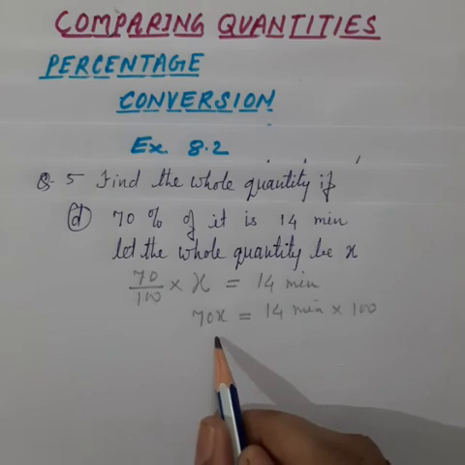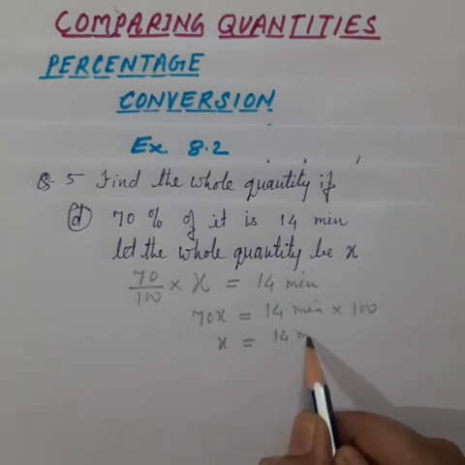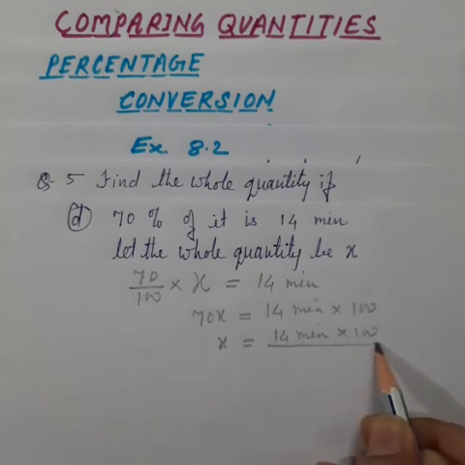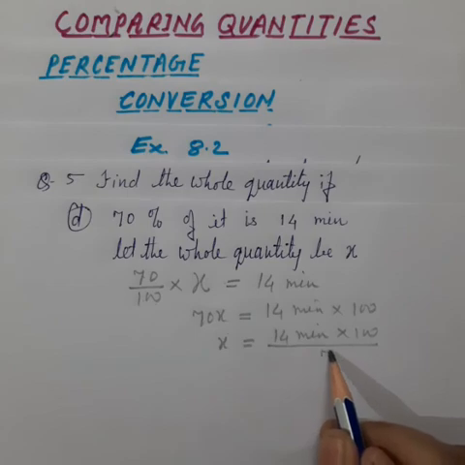This 100 after changing side will go in the numerator in multiplication on right hand side. Now this x equal to 14 minutes into 100. This is the numerator of right hand side. Now change the side of 70. Here it is in numerator in multiplication. On right hand side it will go in the denominator in division.